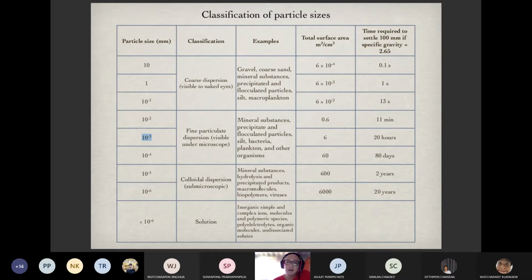So these are examples of the suspended solids present in a water sample. We need to remove them all. Just like surface water, thinking about the ponds in front of our faculty's building. If you take a water sample from the ponds and put it in a beaker, and leave it for 2 or 3 days, the water is still turbid.